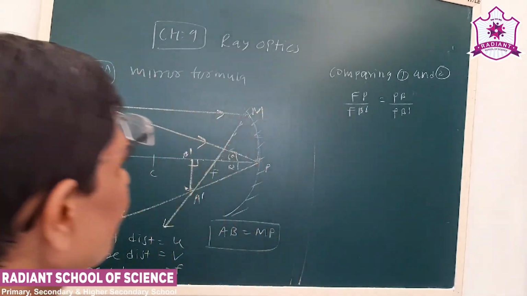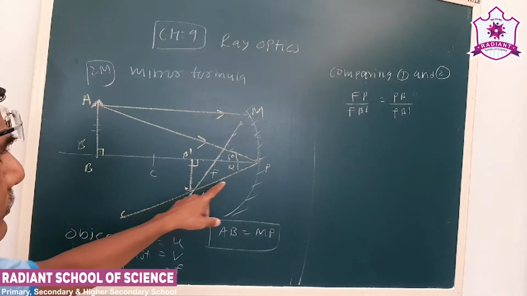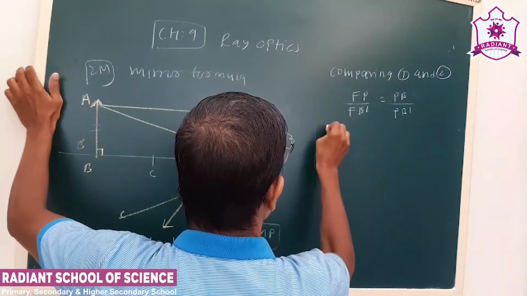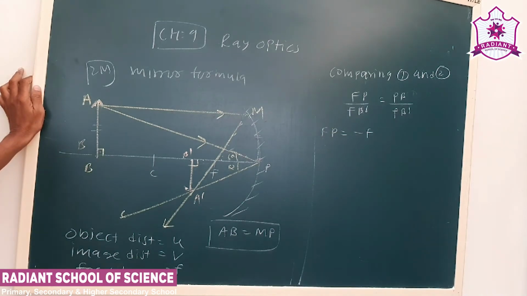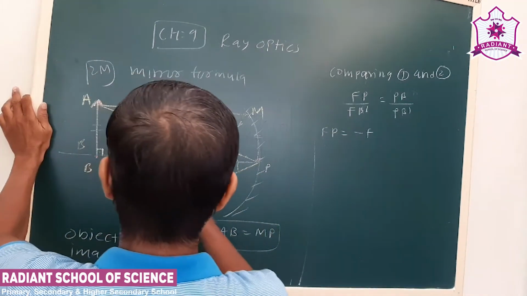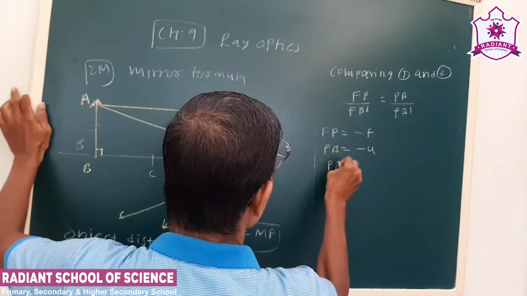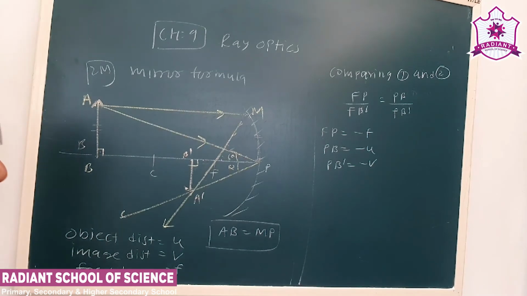Now see our conventions. FP is the focal length, minus F by convention. Now PB is the object distance, PB' is the image distance. We need to obtain FB'.